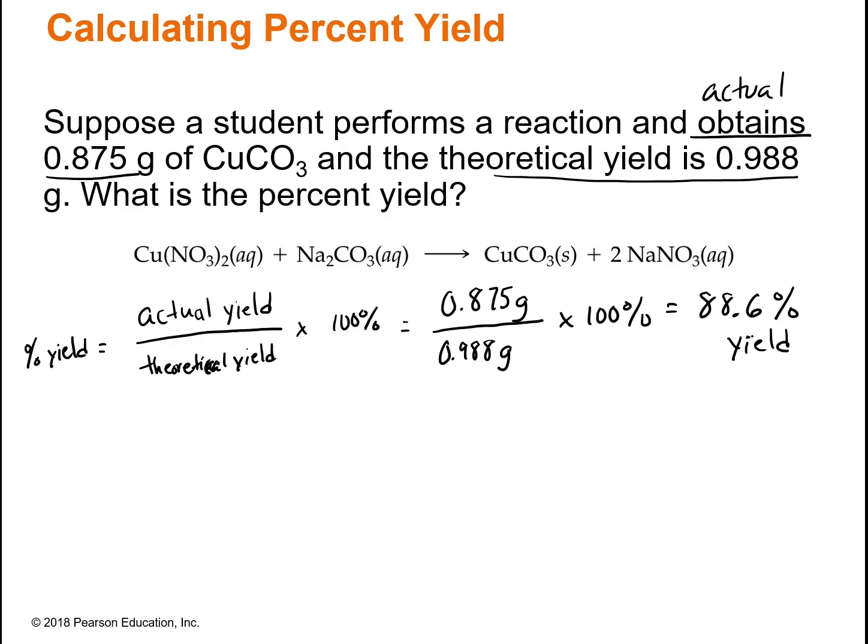Word to the wise. Percent yield questions are not always going to be this straightforward. I could give you a mass to mass question, or a mass to volume, or a volume to volume, and tell you what the actual yield is. You'll never have to figure out the actual yield because you can't. You're not going to do the experiment. But I could tell you, for example, that you have this many grams of one product, or one reactant rather.